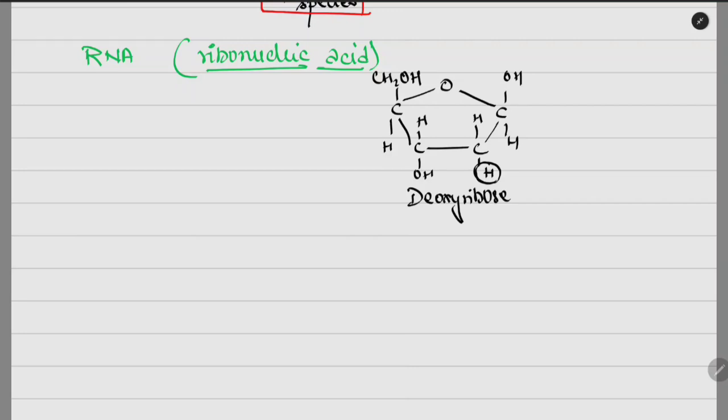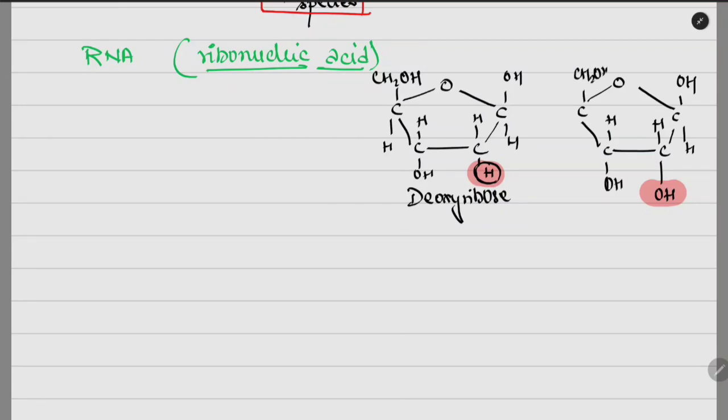And if I see the structure of ribose sugar, that is O, C, C, C, same as that, but the difference is that here OH is present. Here is the H and here is the OH, and the remaining will be the same. This is ribose sugar. It is the main structural difference between deoxyribose and ribose.